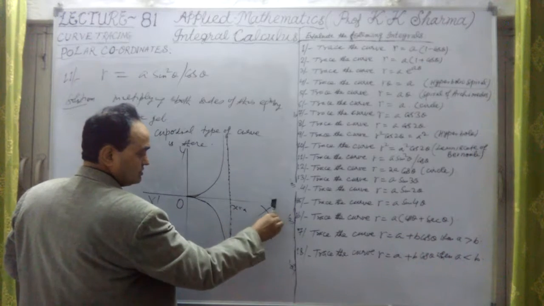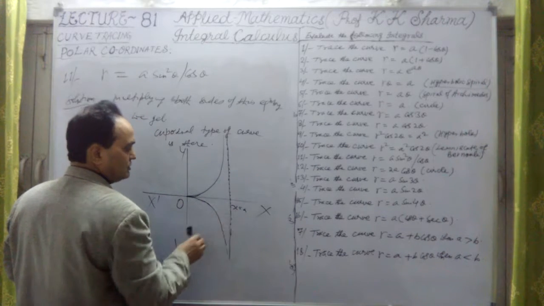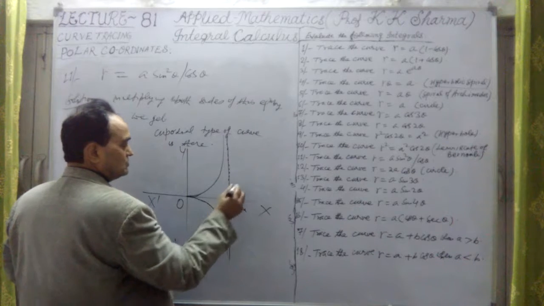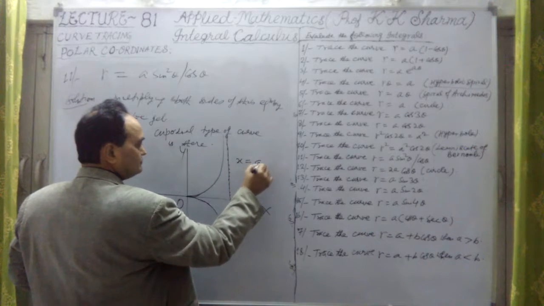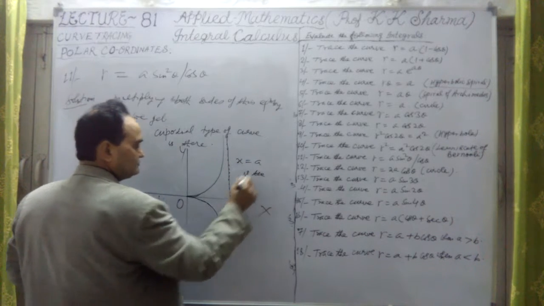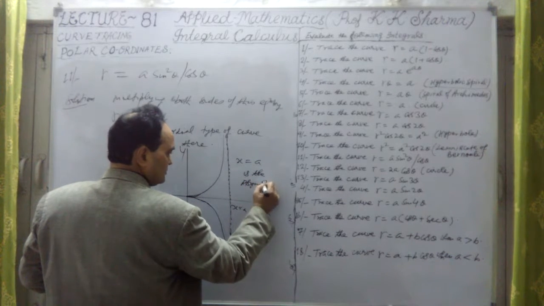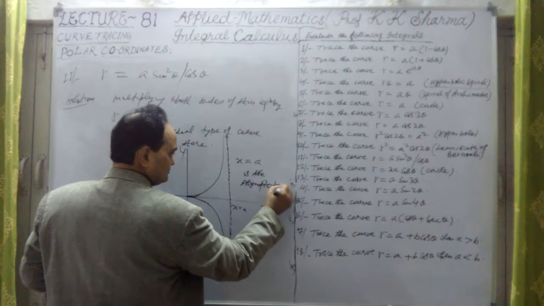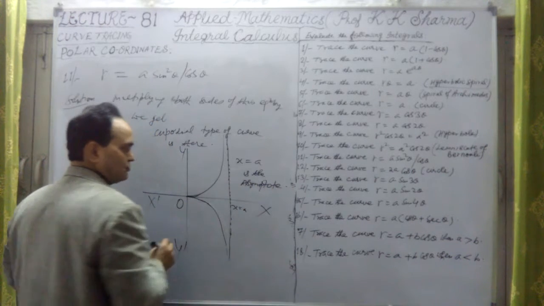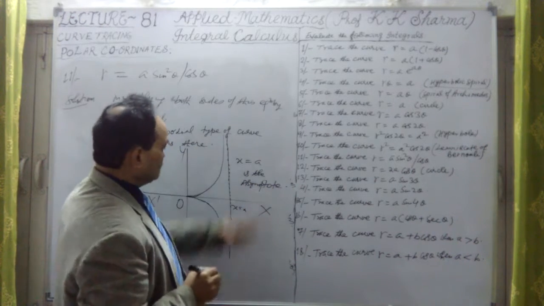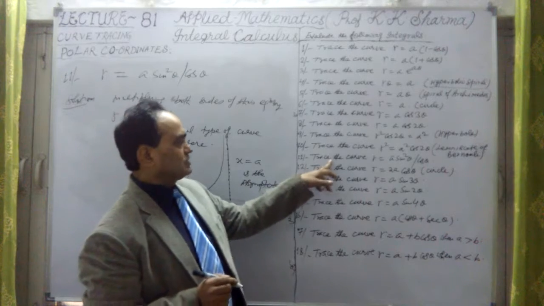Beyond a, the curve will not exist. This is the tracing of the curve.